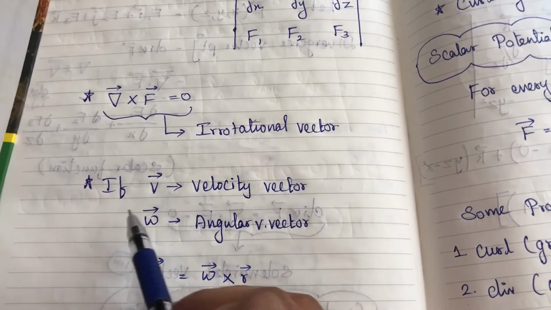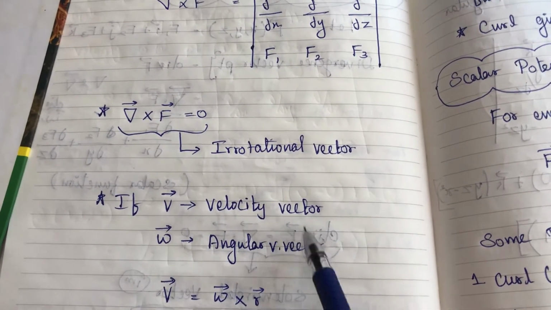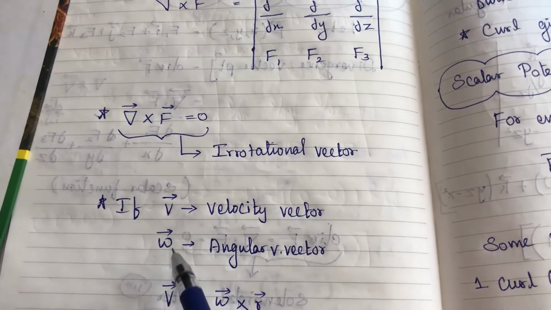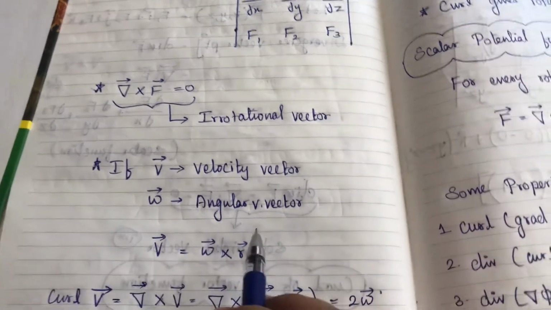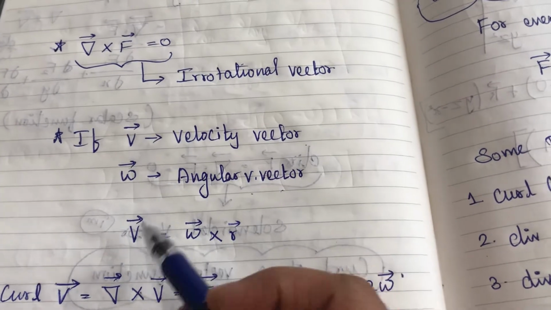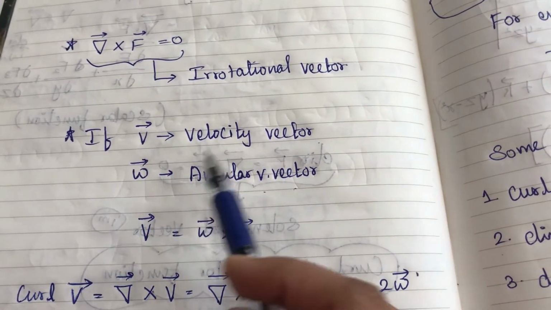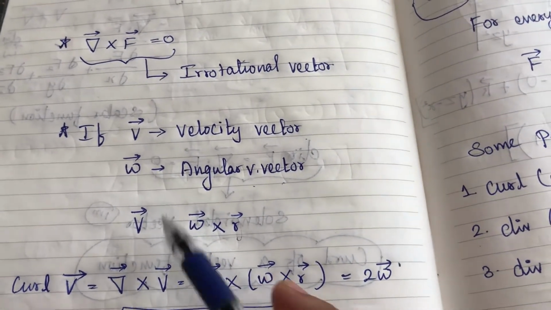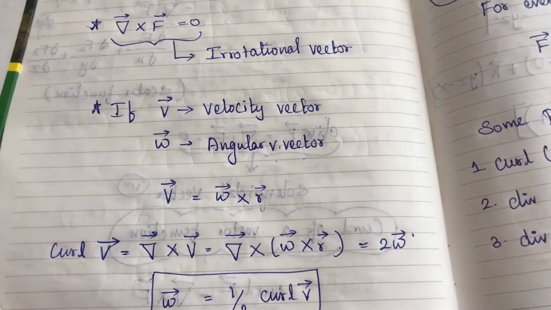Next, if v is a velocity vector and omega is an angular velocity vector, we can write velocity v equal to omega cross r.